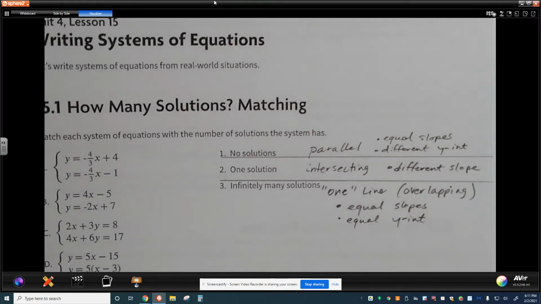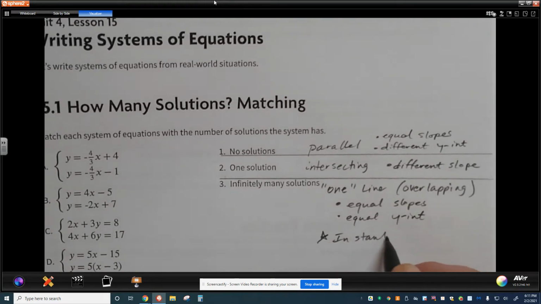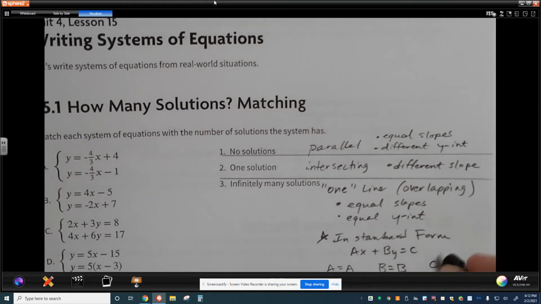Another thing that could potentially happen here is when we're talking about standard form, which means a times x plus b times y is equal to c. A is equal to A and B is equal to B, and C is equal to C.